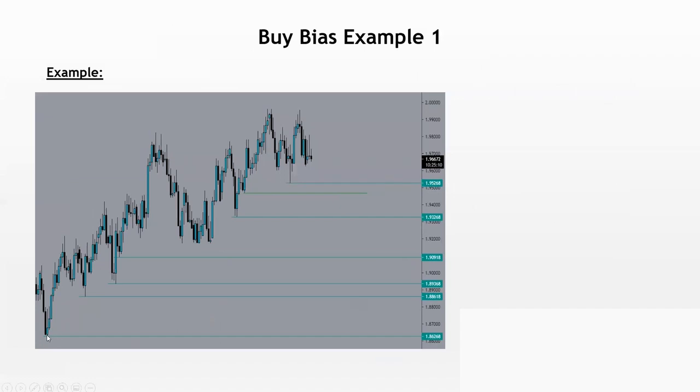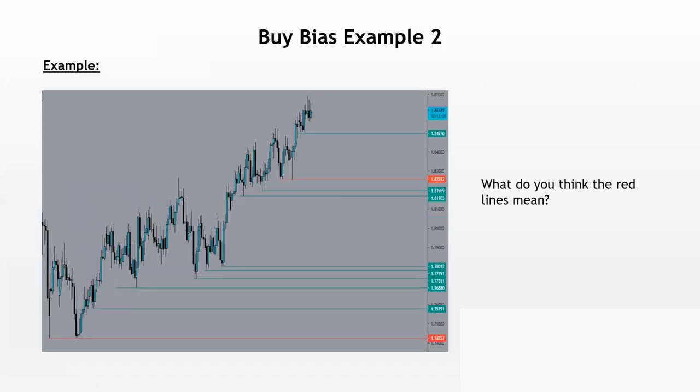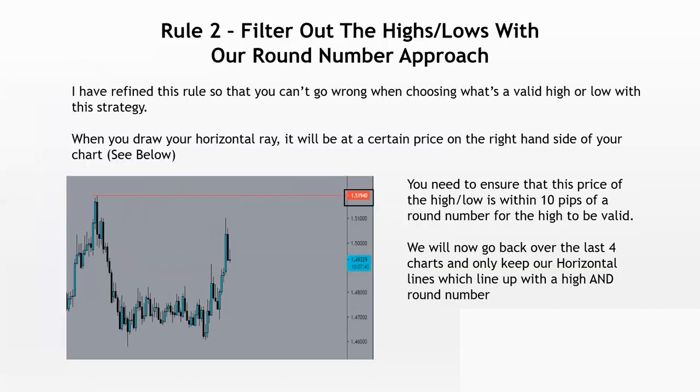So you don't need to draw all these lines, just hover and ask, is this high or low within 10 pips of a round number? If the answer is yes, you draw a line. If the answer is no, you don't. Easy as that. So what we'll do now, we will go over the last 4 charts I showed you with all the horizontal lines on the highs and lows, and we will filter out which we would keep.